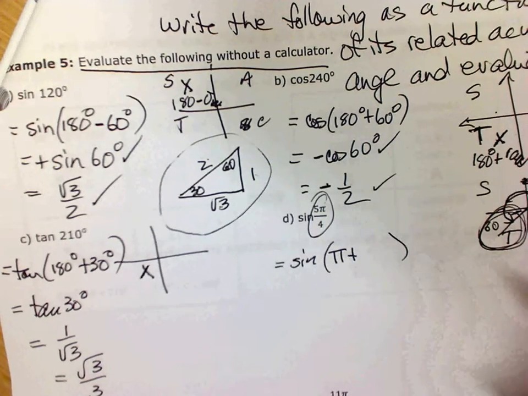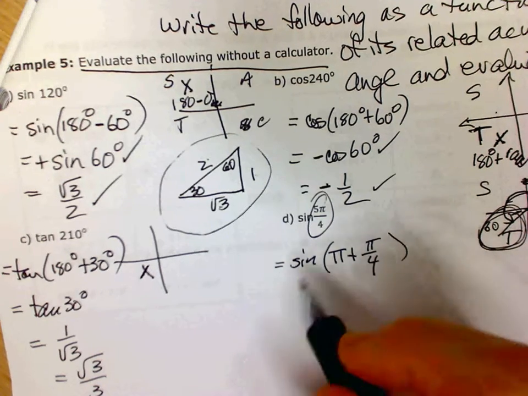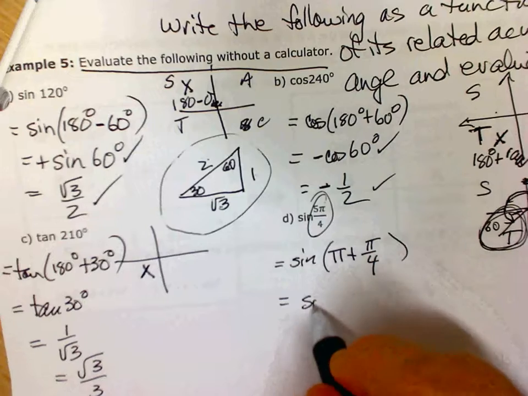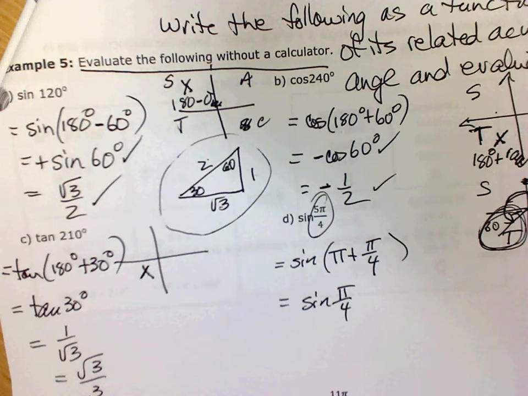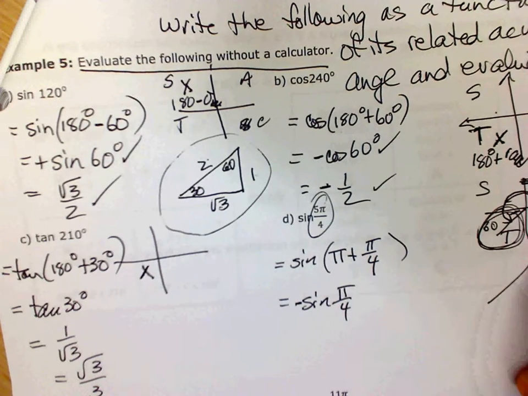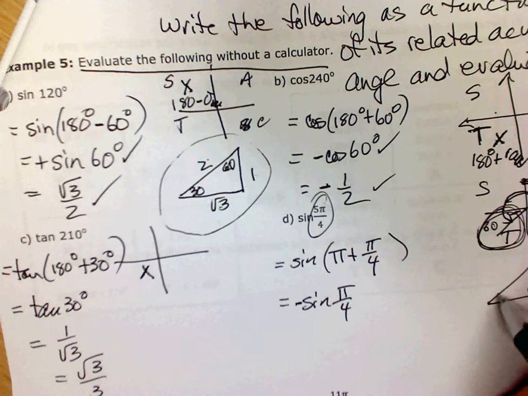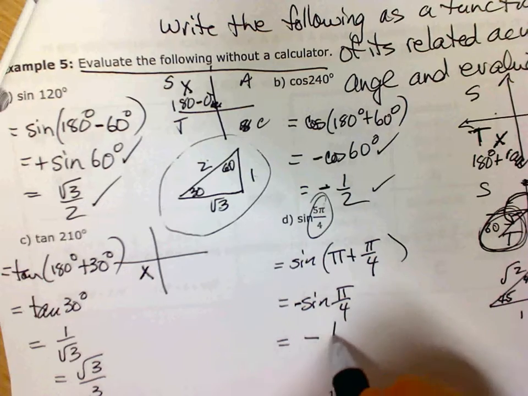Okay, so this is the sine of pi over 4, but is it positive or negative? So pi over 4 is the 45-degree triangle. And that's going to be negative 1 over root 2, which is equal to negative root 2 over 2. You have to rationalize the denominator.